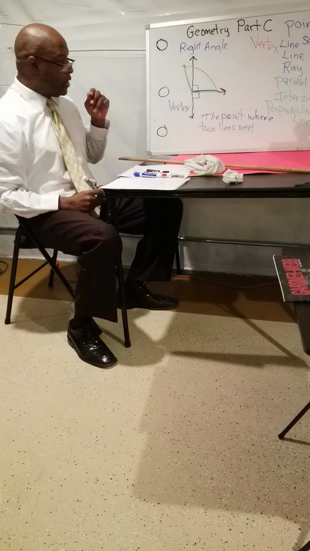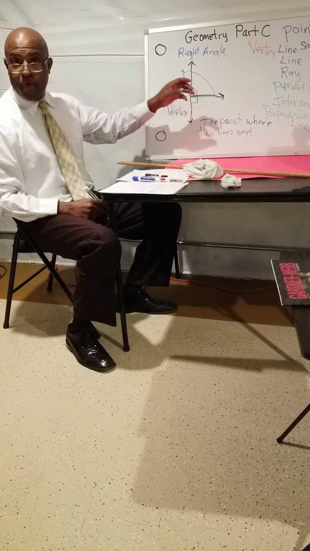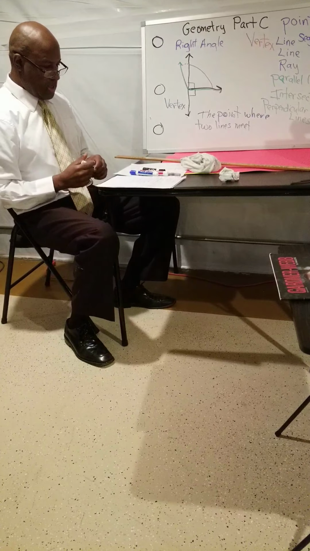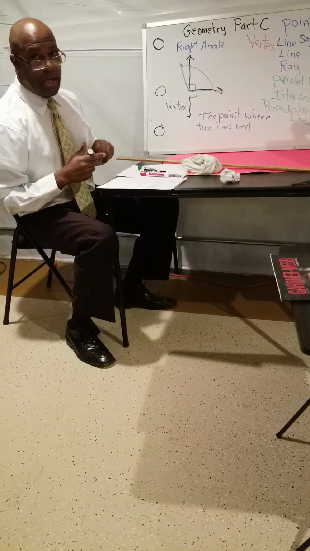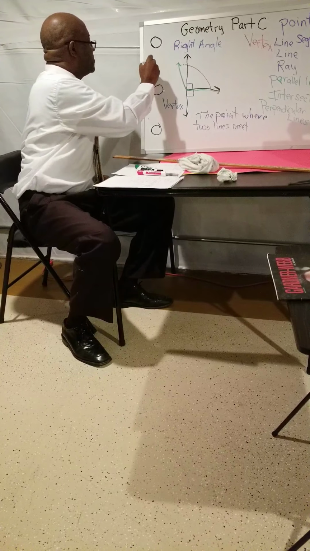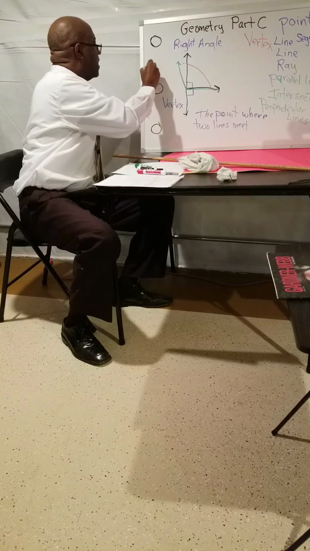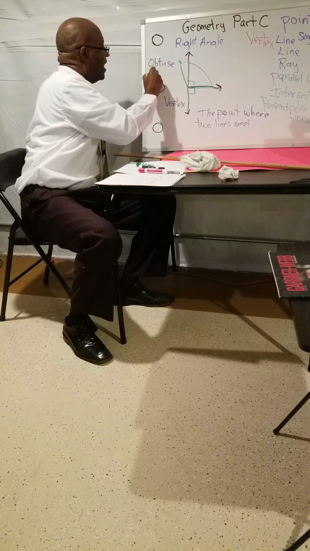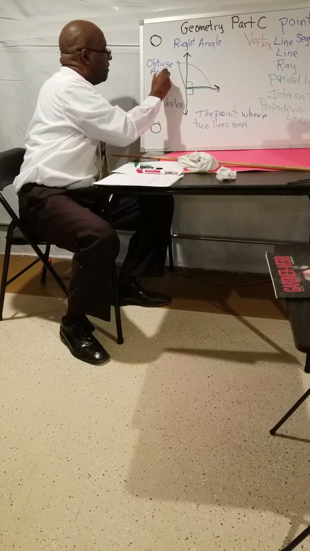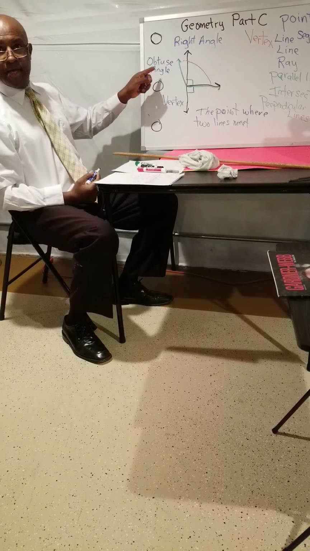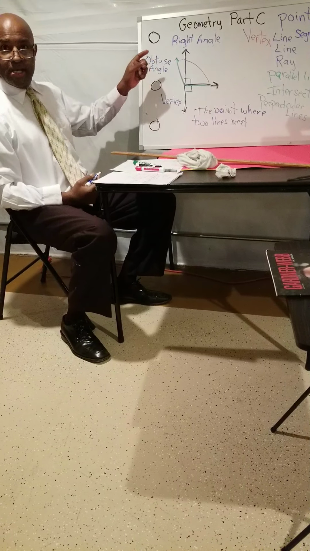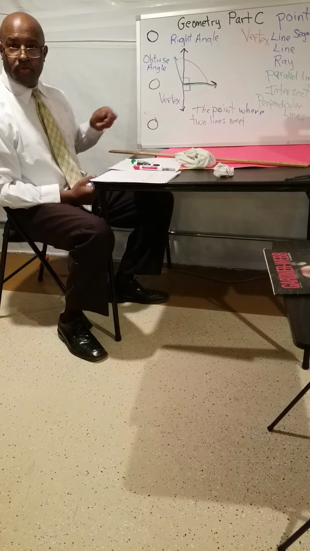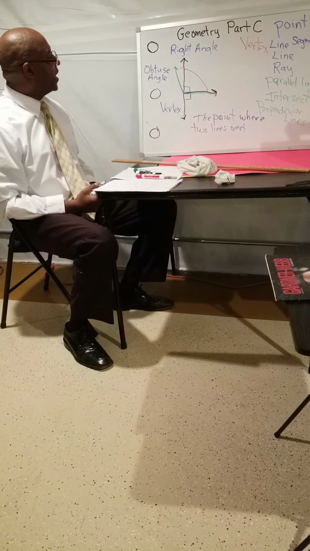When you have an angle that is greater than your right angle, it has a special name also. It is called an obtuse angle. That means an obtuse angle is greater than the right angle and is also greater than the acute angle.